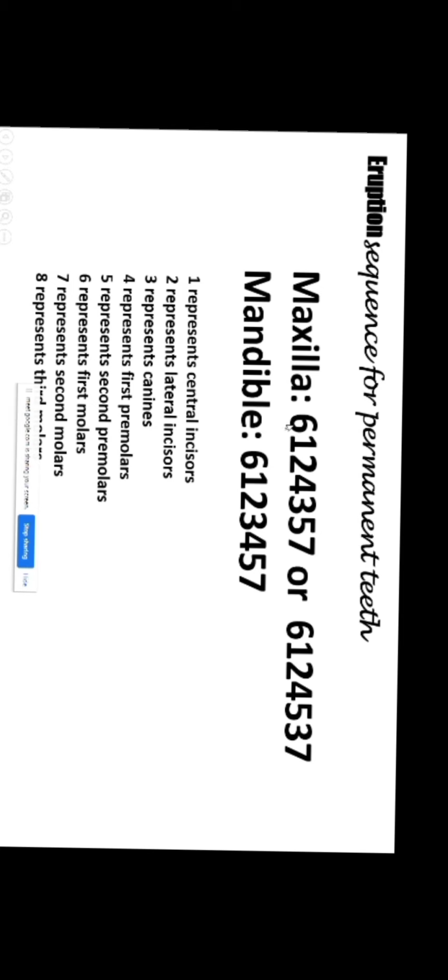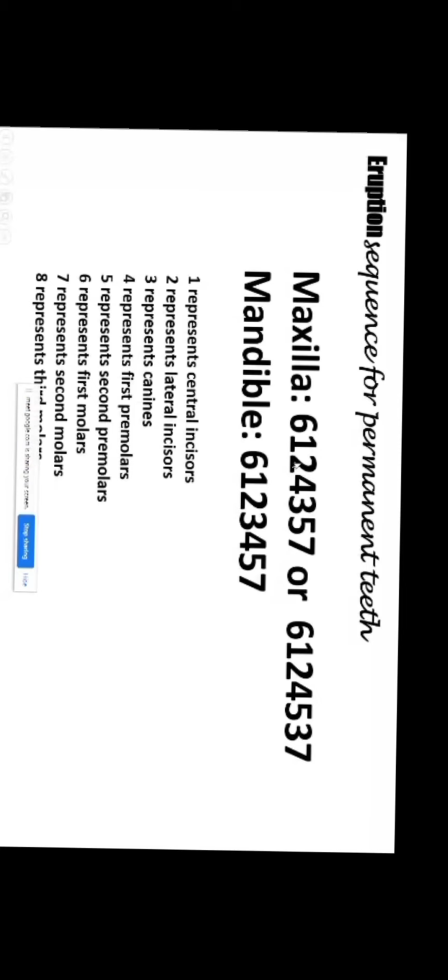For the maxilla, you have 6. And then after that, you have your central incisor and your lateral incisor. Then the canine doesn't come yet, but rather the first premolar. You have your canine, your second premolar, and then your second molar. Or it can differ: 6, 1, 2, 4, 3, 5, 7, or it can be 6, 1, 2, 4, 5.